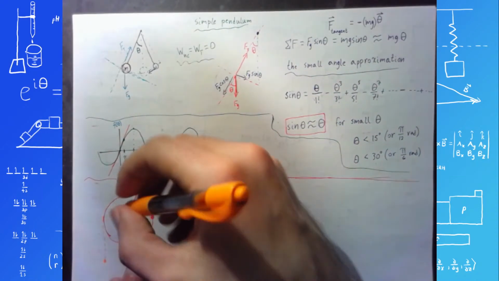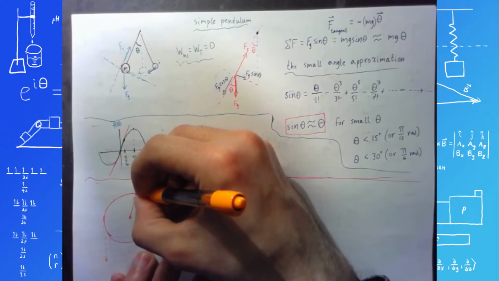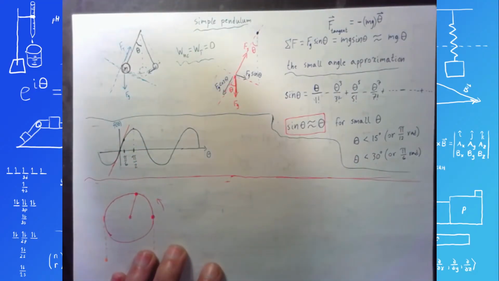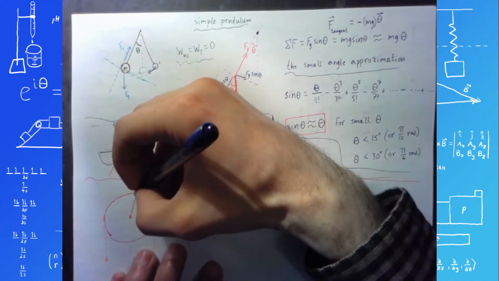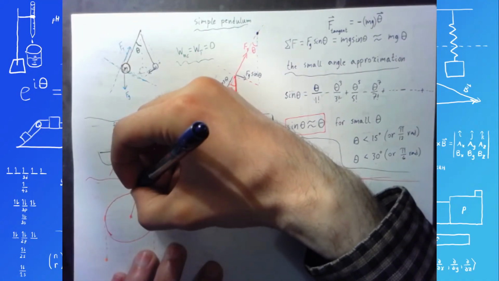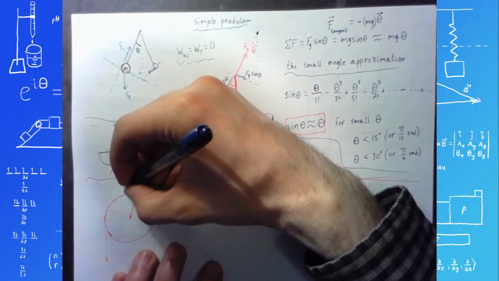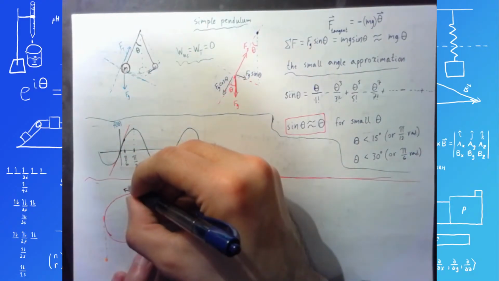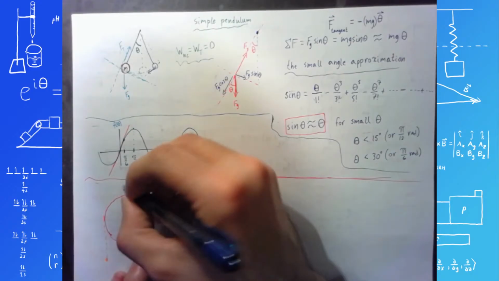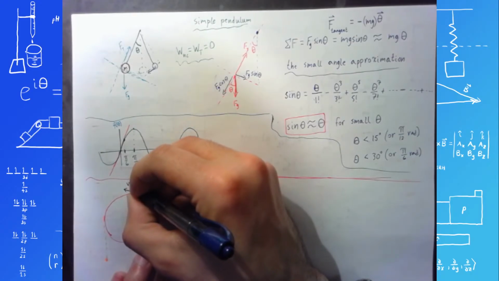So here's what we can do. This object, in uniform circular motion, is going to have some sort of tangential velocity, a constant speed. The tangential velocity is going to change direction, but not magnitude. So that's your v tangential over there.